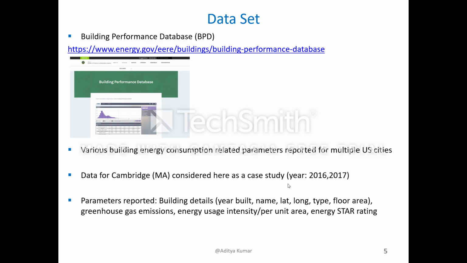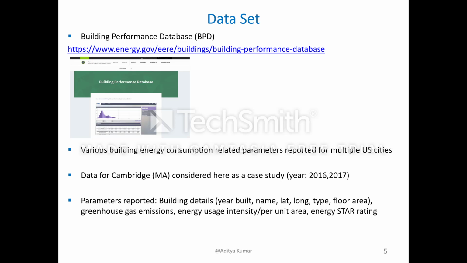The data set I'm using for this project is from the building performance database. It's available at the given URL, and a snapshot of the database is shown here. It contains data for various parameters which can be associated with energy consumption in buildings, and it is available for multiple US cities, around 10 to 12 US cities, and I'm just considering Cambridge here as a case study.